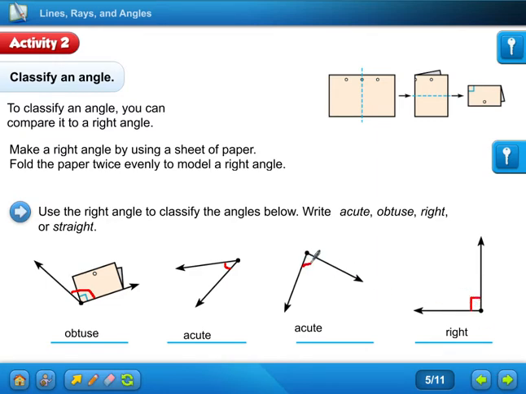This one would be, whoops, let me try to do that again. There you go. So those are the angles you are measuring. You have your obtuse, that's big. You have your acute angle, that's smaller. Another acute angle. And you have your right angle. All right, let's try another one.